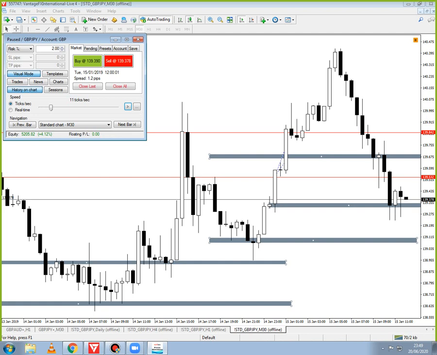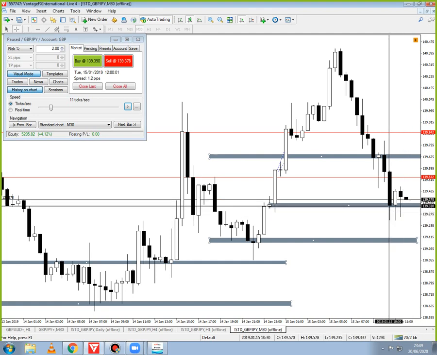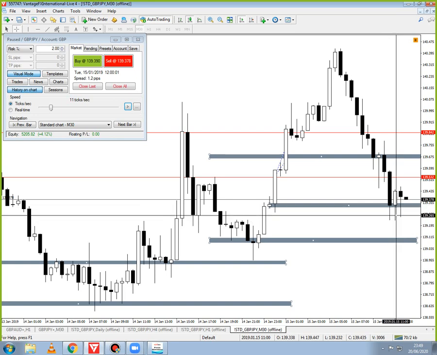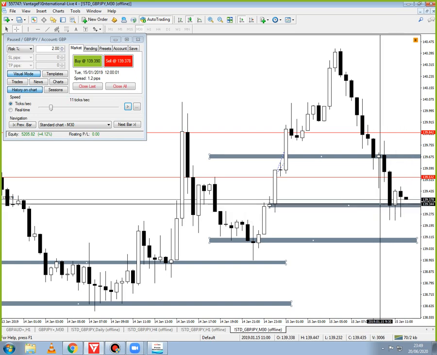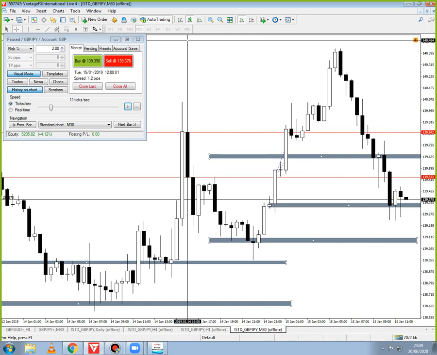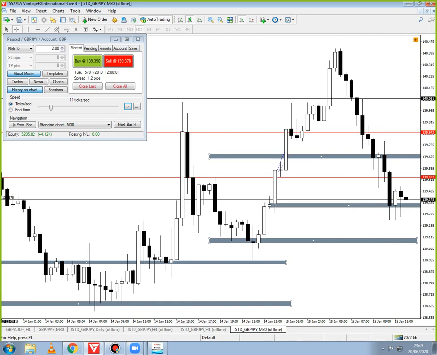Cool, so this candle closed above this area. Looks like potentially we're starting to reject this area now.